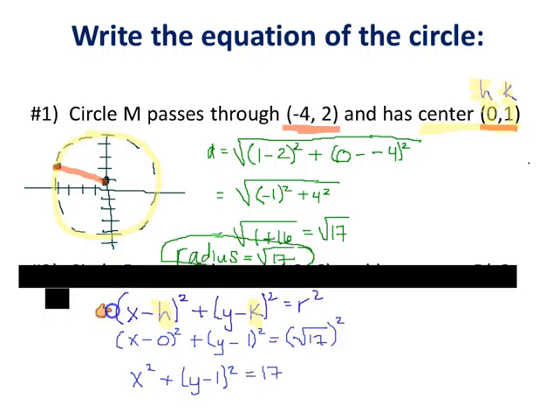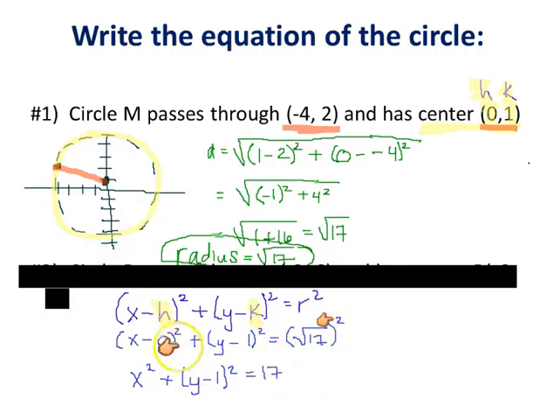The general equation for a circle is x minus h squared plus y minus k squared equals radius squared, where we're going to substitute in numbers for the center of the circle for h and k. And we were told the center of the circle was 0, 1. So 0 is going to represent the h, 1 will represent the k. So we would have x minus 0 squared plus y minus 1 squared equals our radius, which we discovered by using the distance formula was radical 17, or square root of 17.